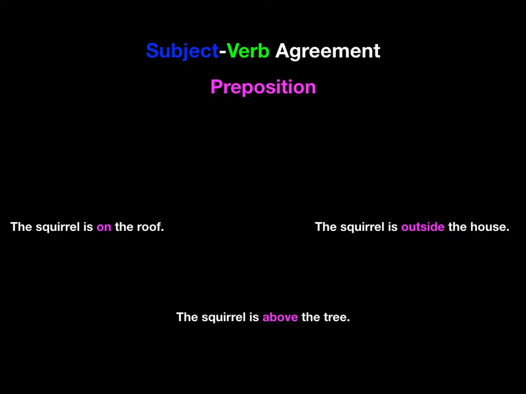Prepositions, however, always work in groups or phrases. So here you will notice that on the roof, outside the house, and above the tree all seem to have a similar cadence. That's because all of these are prepositional phrases. Prepositional phrases begin with a preposition and then end with a noun.